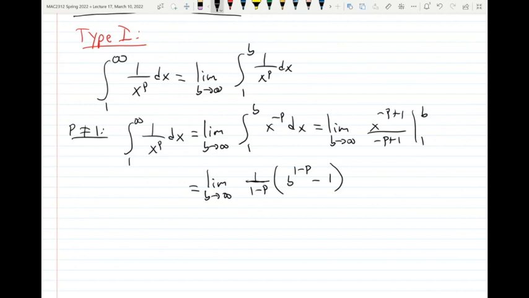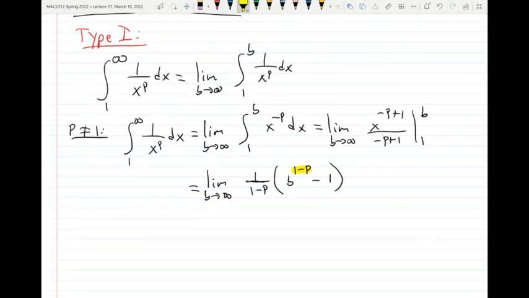It could be close to 0. That's easier. So this limit depends on this, okay? Because if this is a negative number, what happens if 1 minus p is negative? It means that this guy is really a 1 over something to a positive power, right? So when you have infinity to a negative power, that's really 1 over infinity to a positive power, so it's going to go to 0, yes?